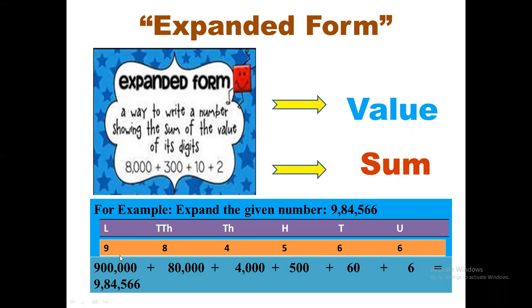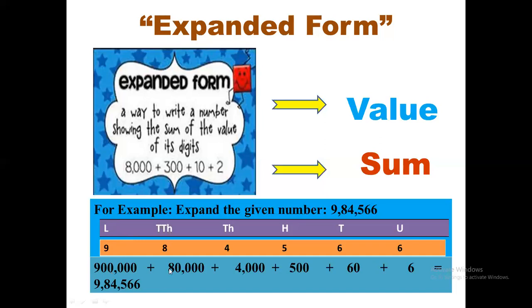Over here, the first one is 9. 9 is standing on the lakhs position. On the lakh position, there will be 5 zeros along with the digit 9. So it will become 9 lakh.